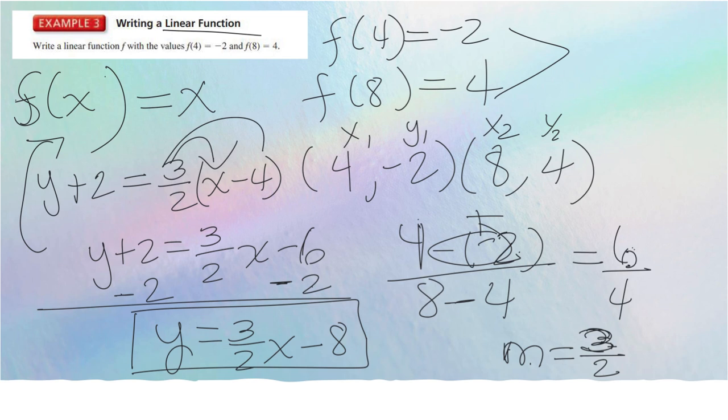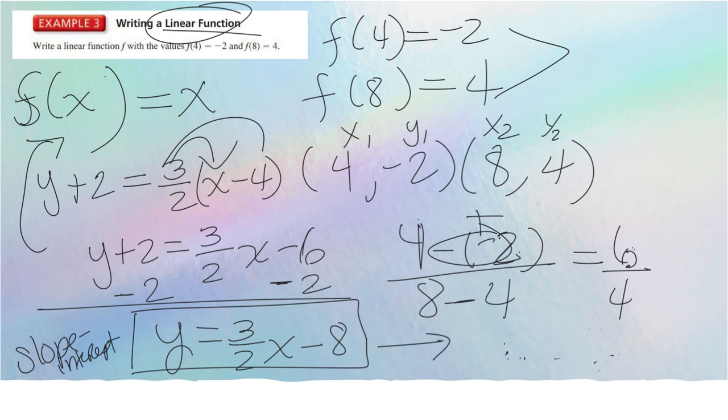for that. But they're telling us they want it in what? In a linear function. So it's basically the same as what? This is in slope-intercept, correct? And a function is going to be what? F of x equals 3 over 2x minus 8.